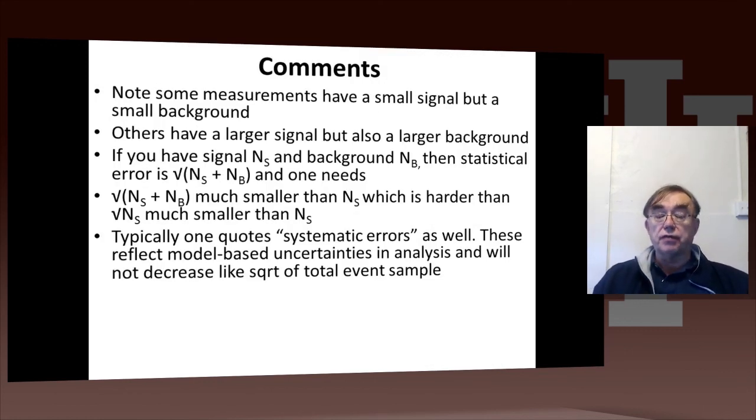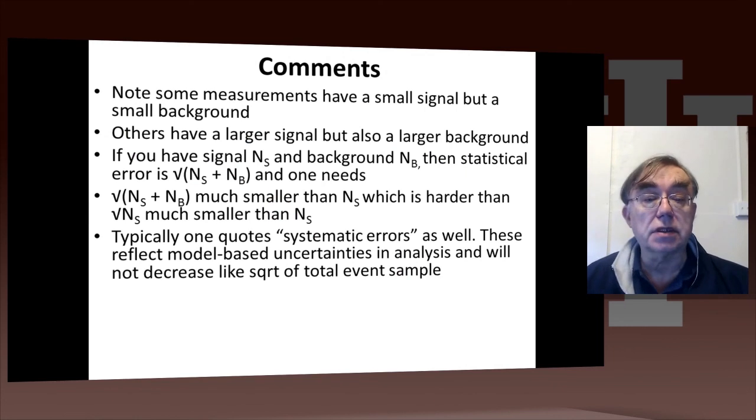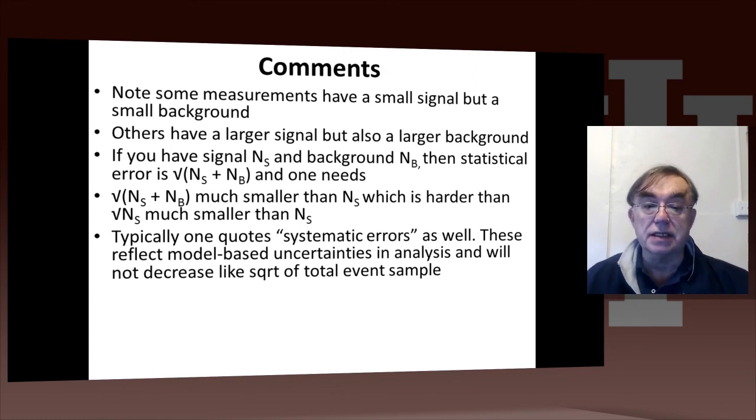Now, if we were just viewing the signal, then the error in the signal is the square root of n sub s, where n sub s is the number of signal events. It's not so difficult to get, say, 5 standard deviations. That just means you need 25 signal events, and the square root of 25 is 5. And so if you see 25 and that's it, then you've got a 5 standard deviation effect.